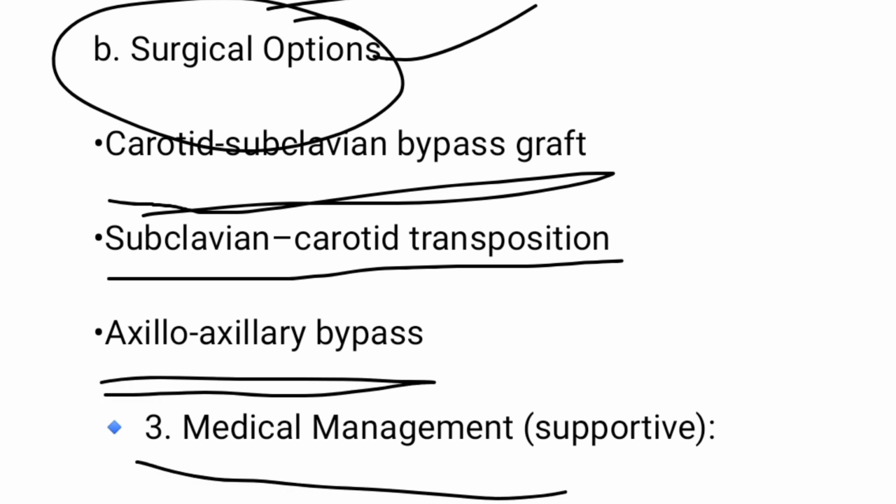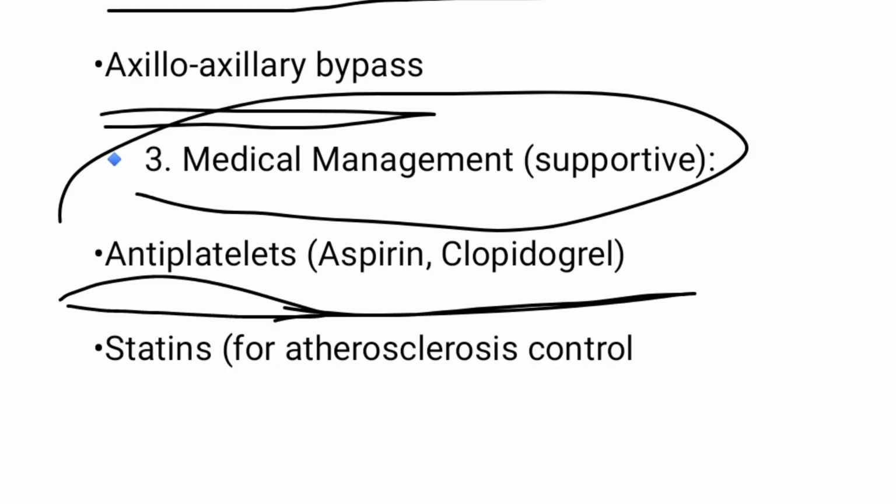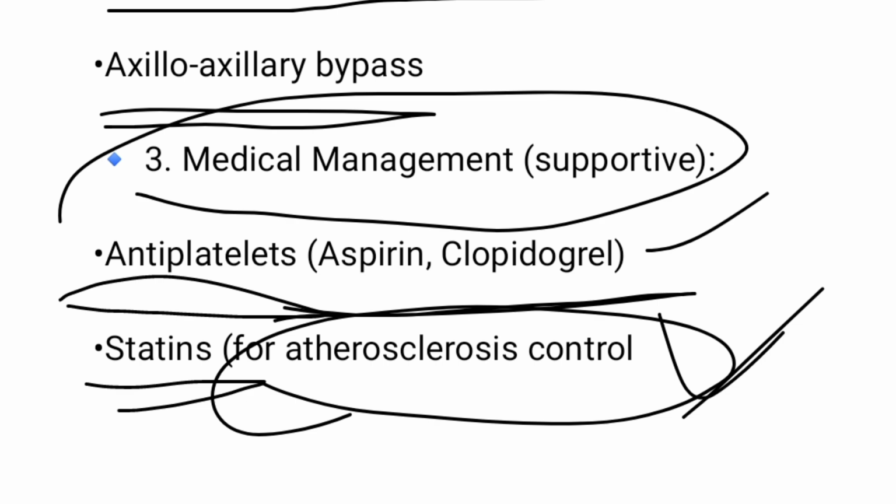And we also have some medical management options, like we can use antiplatelets like aspirin and clopidogrel so that a thrombus is not formed at the site of stenosis. And we can also use statins so that there is no atherosclerosis formation at the stenotic vessel, which would further worsen the condition. So this was all about subclavian steal syndrome.